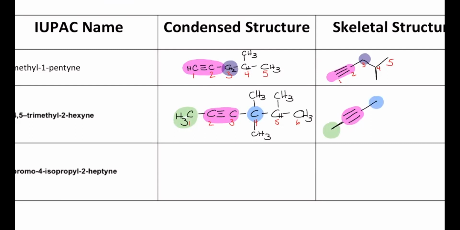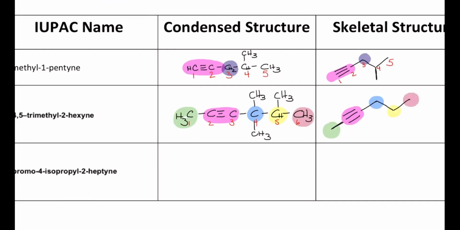Now things start getting tetrahedral, so I can bend the bonds down, up. This is that atom. This is this atom.